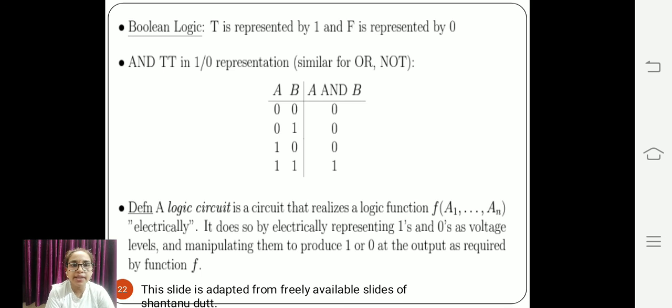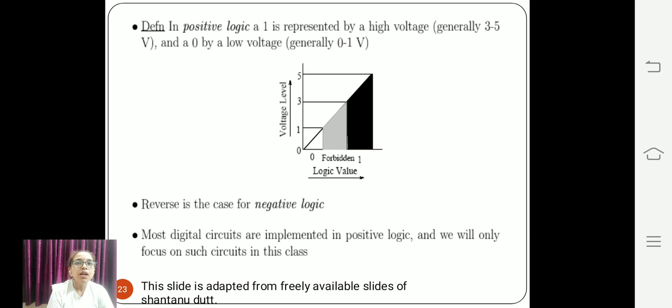A logic circuit is a circuit that realizes a logic function F of A1, A2, up to An. Electrically, it represents ones and zeros as voltage levels and manipulates them to produce 1 or 0 at the output as required by function F. Now the definition: in positive logic, 1 is represented by a high voltage and 0 by a low voltage.